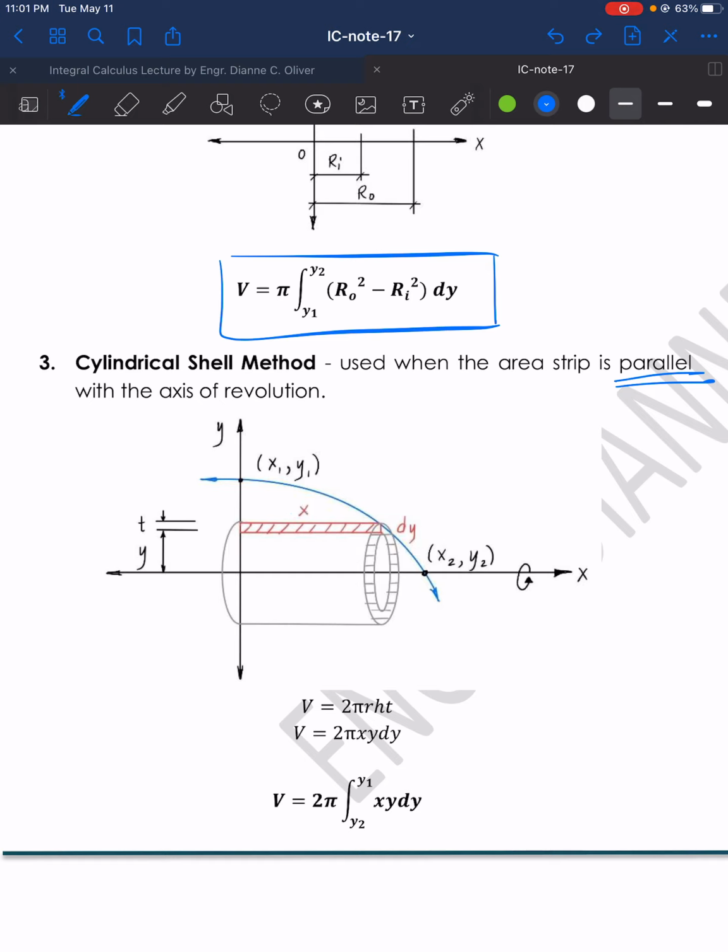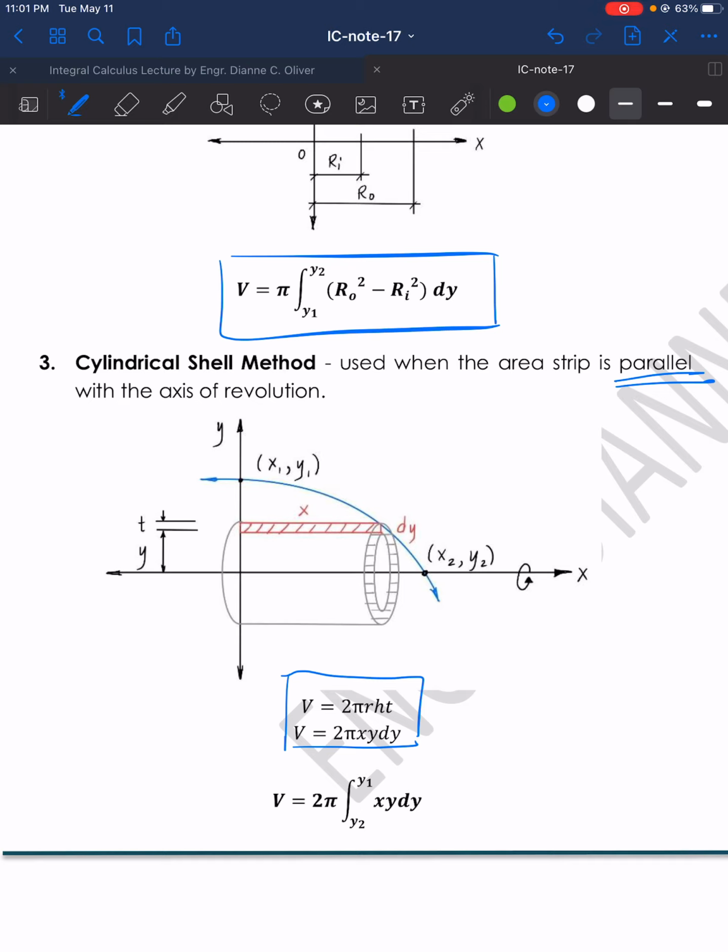Now, how do we get the volume of a shell or a can? It is an open can, open at the top, open at the bottom. So we have here the formula.